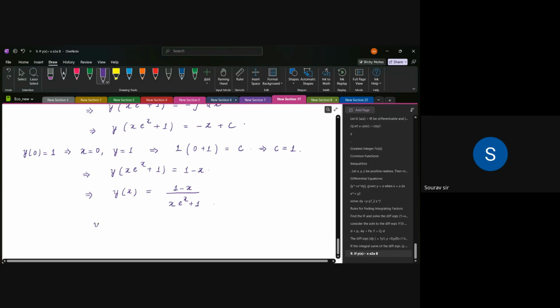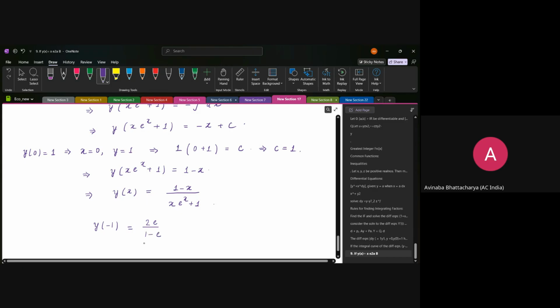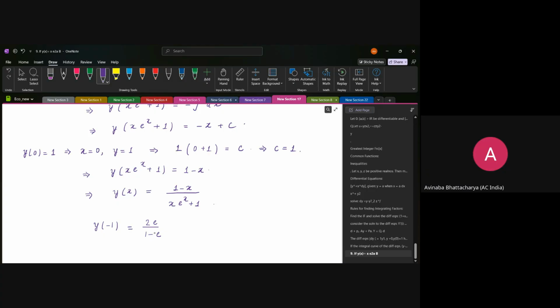So what is y of minus 1? What's the answer coming? 2e by 1 plus c. 1 minus c. One minus c. Or 1 by e, 1 minus c.